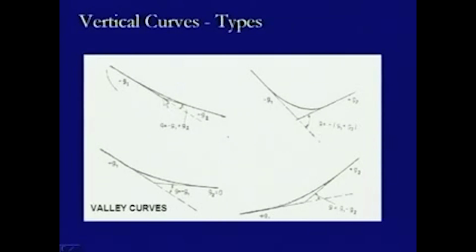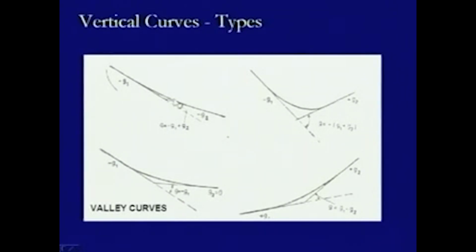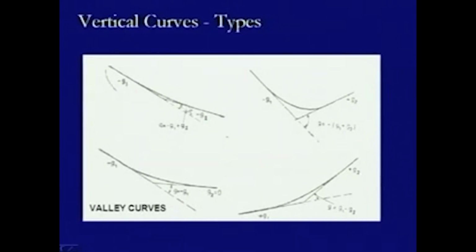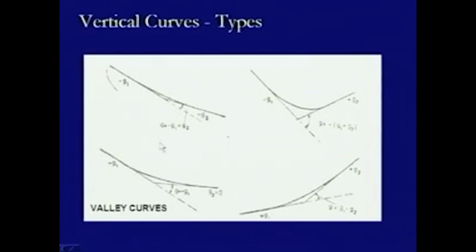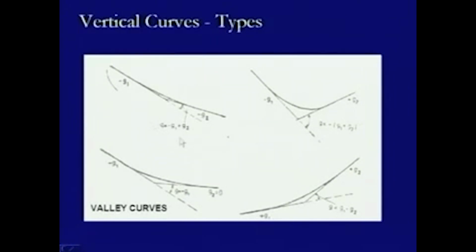So, we are trying to eliminate this kink by smoothing it, that is by providing a curve. So, this is the curve, and this is the valley curve or the sag curve, and here again we have a deflection, and this is to be taken again as the algebraic difference between the two gradients.